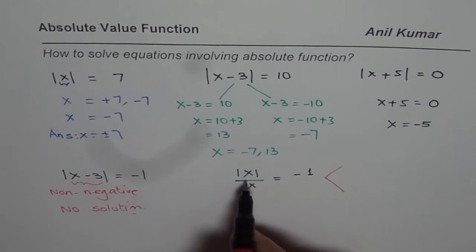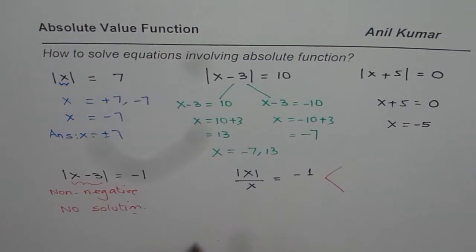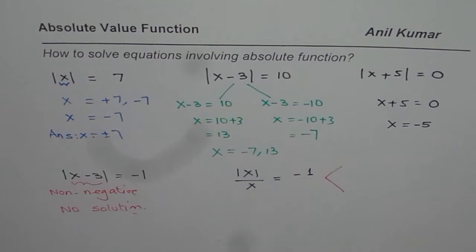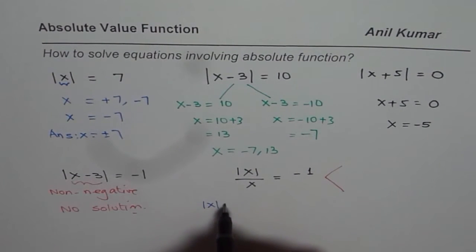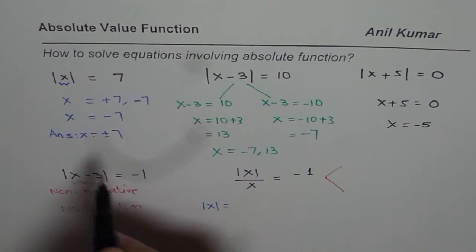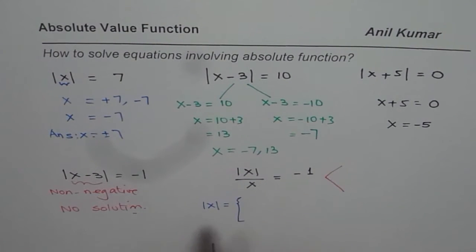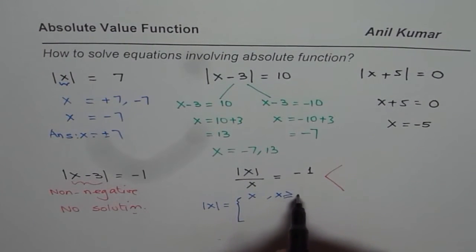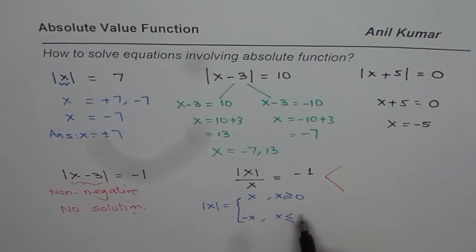So what I recommend in this particular case is that you rewrite absolute x as a piecewise function, as we were doing always, right? So here you could say absolute x equals plus x when x is greater than or equal to 0, and negative x when x is less than 0, right? So we have to solve for these two cases.